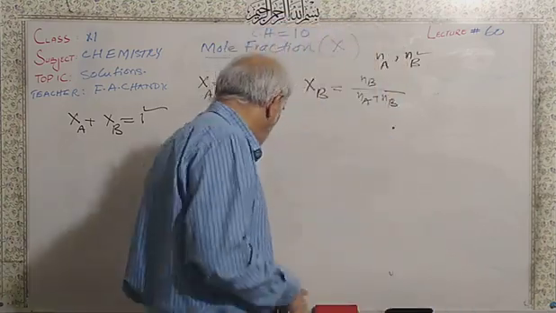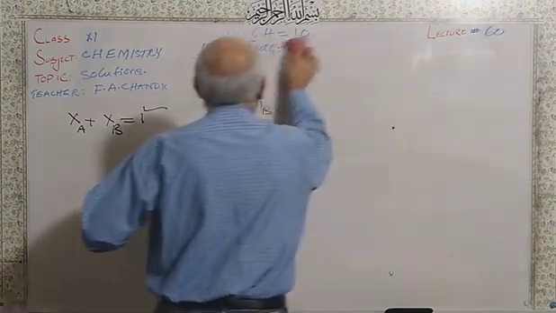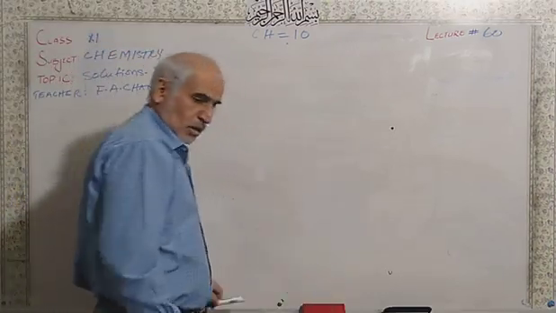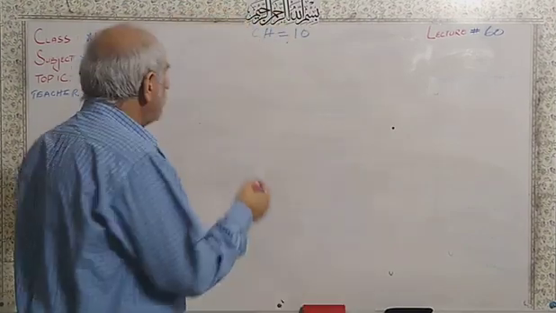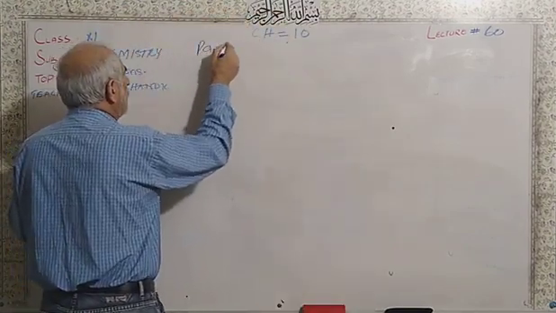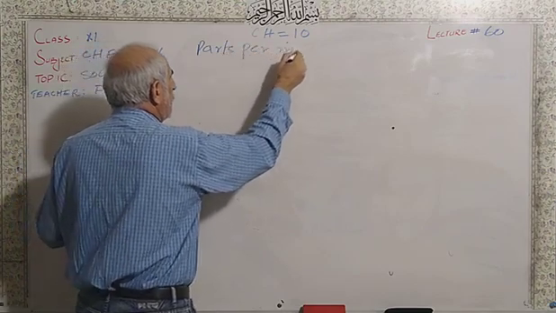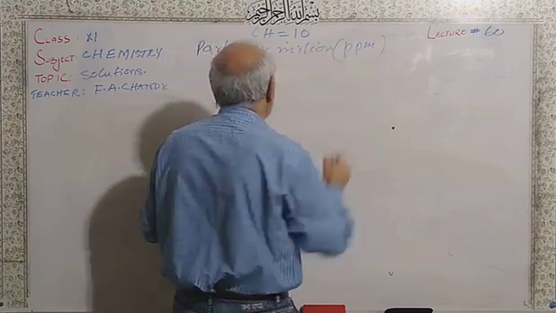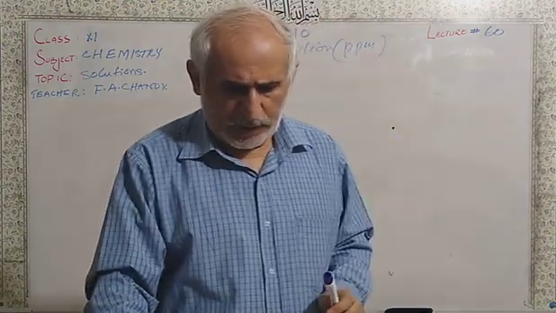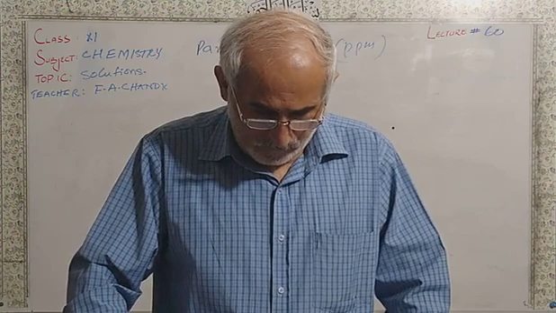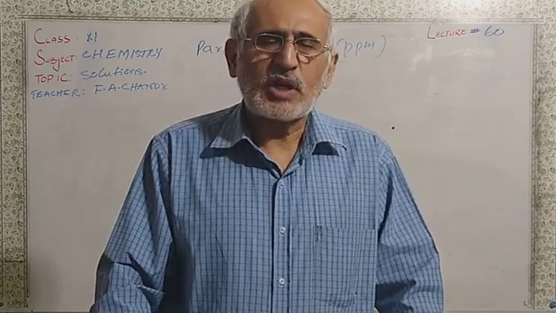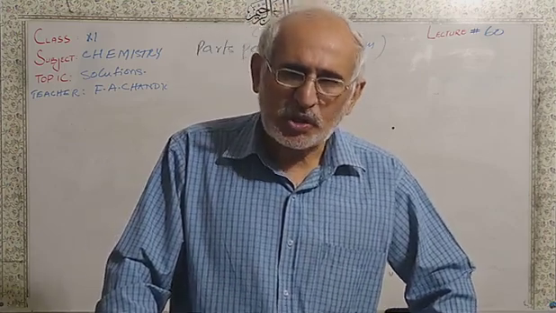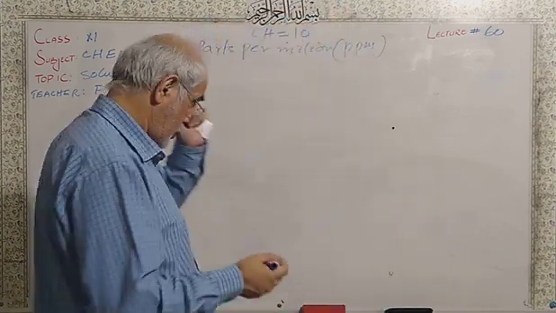Then, parts per million, ppm. Parts per million solution, ppm: mass or volume of solute divided by mass or volume of solution, multiplied by 10 raised to power 6.